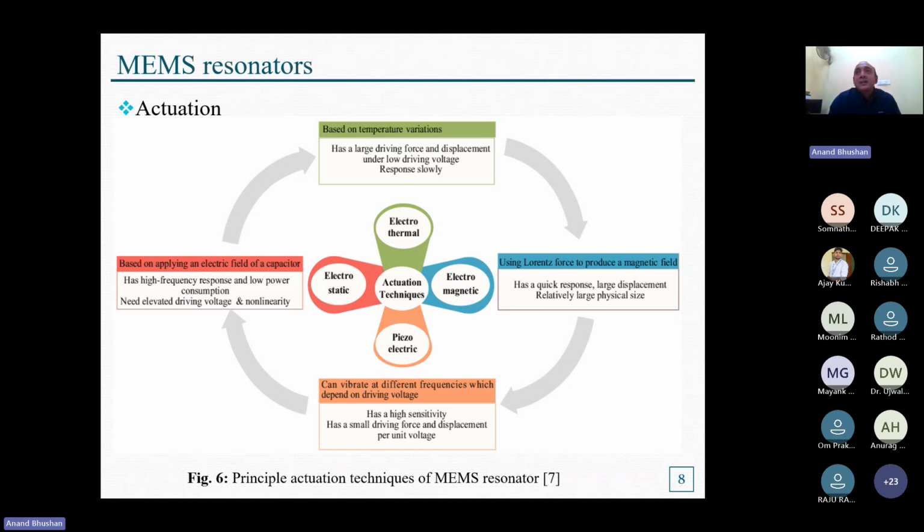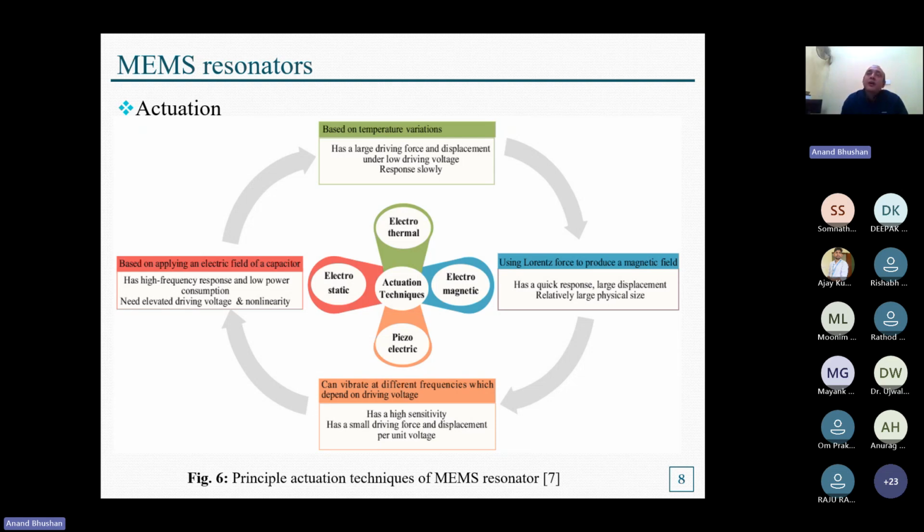How can we provide it? We heat the device by passing an electric current around the MEMS resonator, which heats it up and finally makes it deflect. The basic advantage of this electrothermal mechanism is that it can provide a large driving force and displacement, but its response is slow.